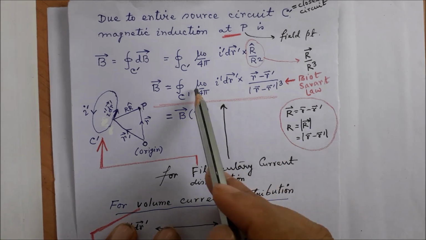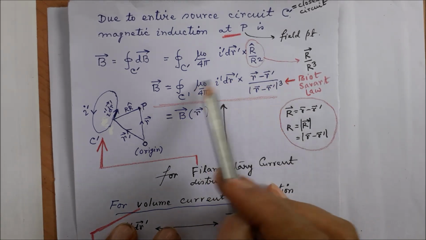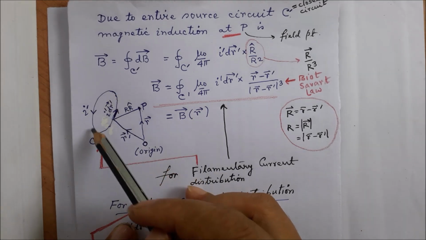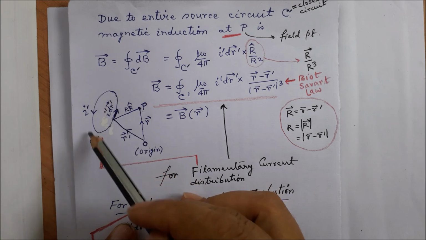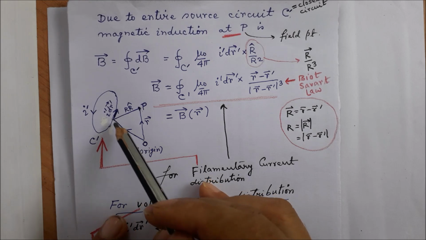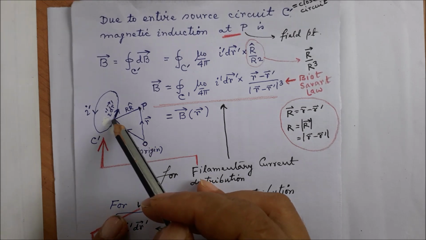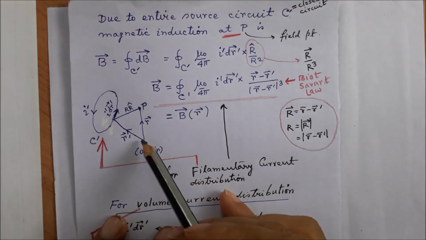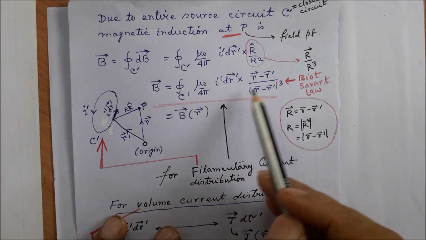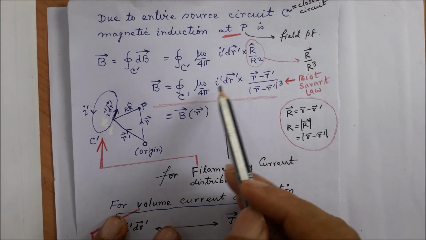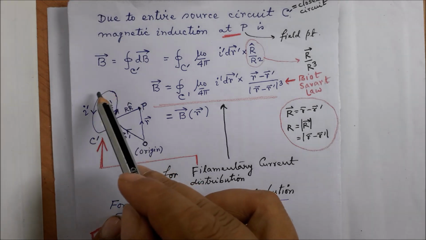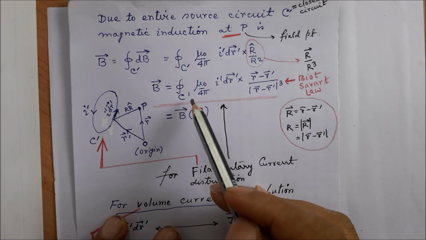So we have two variables in the integrand, but integration is performed over all points of the source circuit, which means this r is not affected, but this r prime is affected. At this point this is r prime, but if you shift it to a different value, then r prime will vary. So we are integrating over r prime, and therefore after integration, after all points have been taken care of, we no longer have any point left.